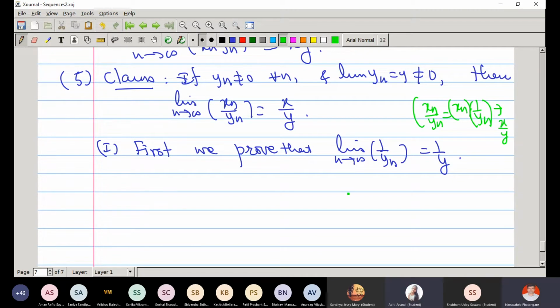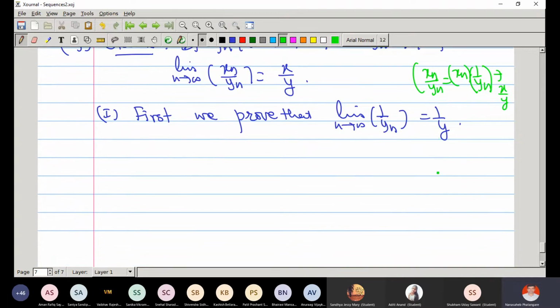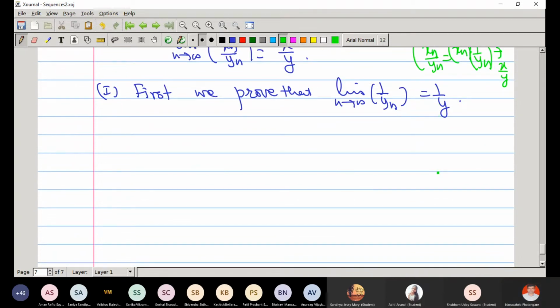Right, and therefore ultimately what is sufficient to prove? 1 upon yn goes to 1 by y. Then the rest of the job is easy because we can use the previous result. Correct? Yes, sir. So therefore what is the crucial waypoint to prove this?